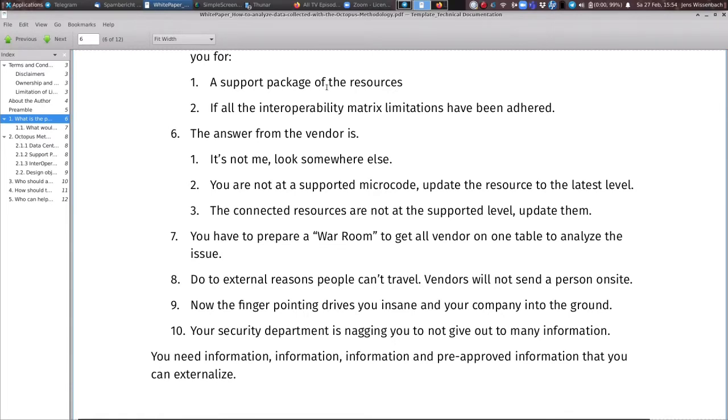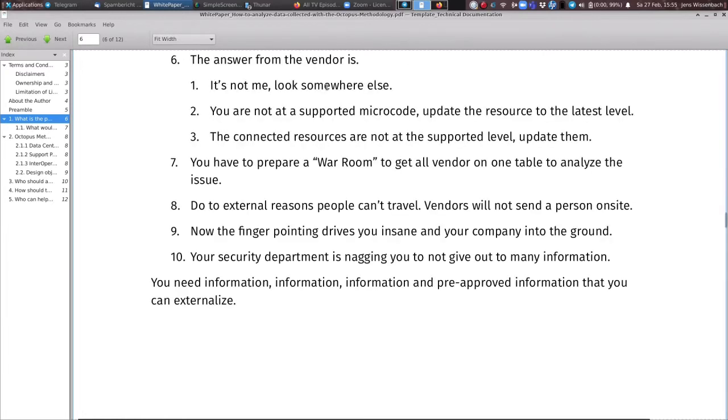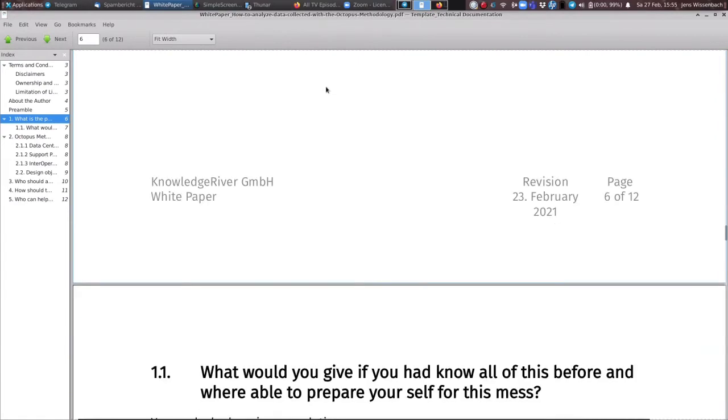Your security department is nagging you to not give out too much information. All of these things are hammering onto your door during a crisis with your data center and your company keeps losing money. So this is the problem that you have.